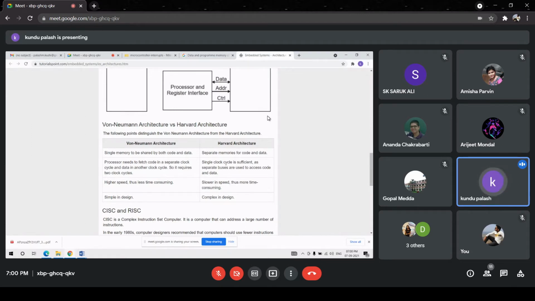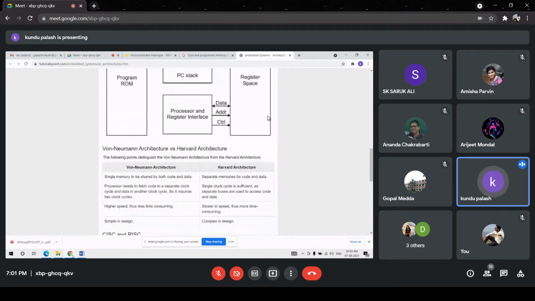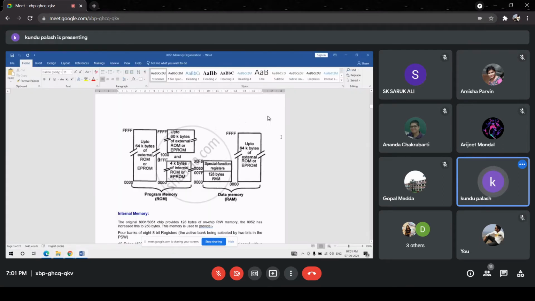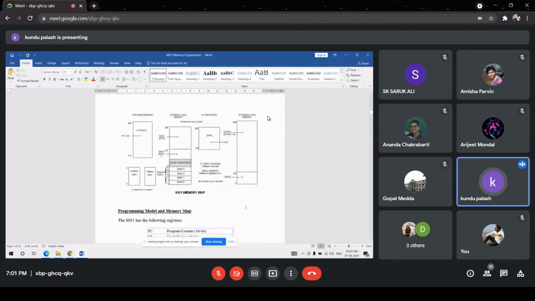A single clock cycle is sufficient for Harvard architecture, as separate buses are used to access data and code. So that's why, as the microcontroller follows the Harvard architecture, the data memory is separate from the program memory. These are the specialties of the memory architecture.